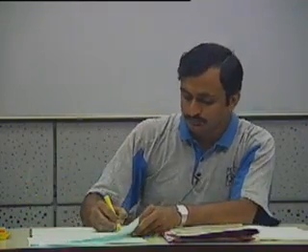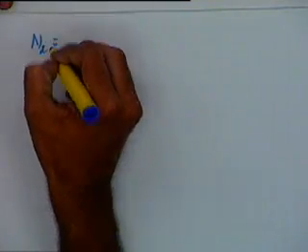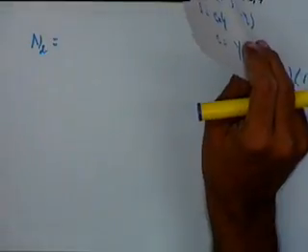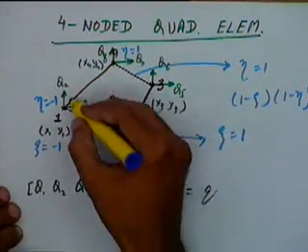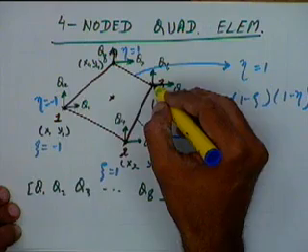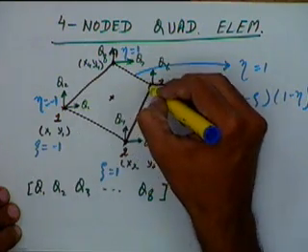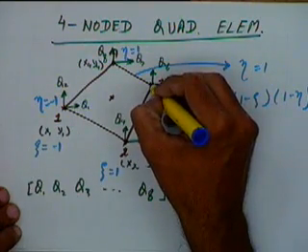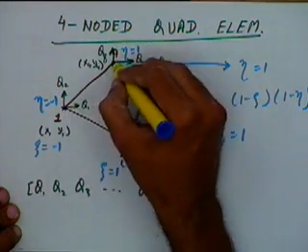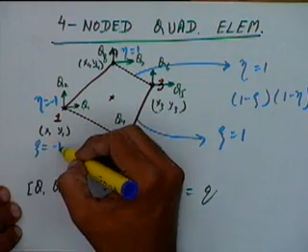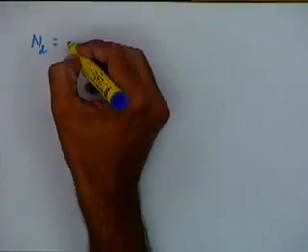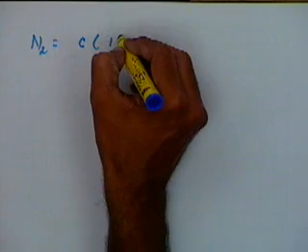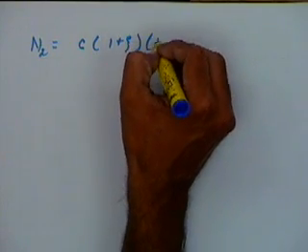Similarly, if we take n2, and n2 has to be 1 at node 2, it has to be 0 at all these 3 nodes. So along this edge as well as along this edge it has to be 0, and the equation of this edge is zeta equal to minus 1. So for n2 we will say it will be of the form some constant multiplied by 1 plus zeta into 1 minus eta.